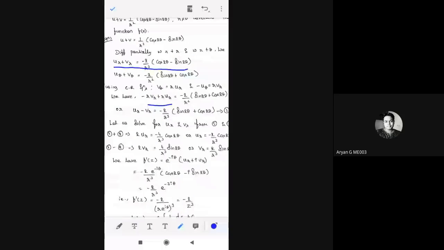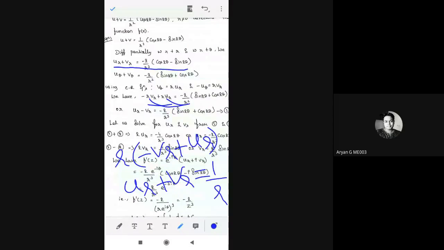So we'll send r to the other side. When you take r as common, we get minus vr plus ur. When you send r to the other side, writing the positive term first, ur plus vr is equal to 1 over r, and the denominator r goes, so r into r square is r cube. So it is minus 2 by r cube into sin 2 theta plus cos 2 theta.